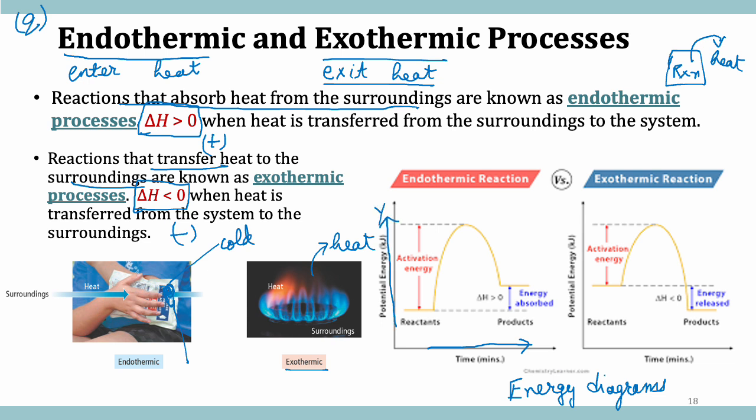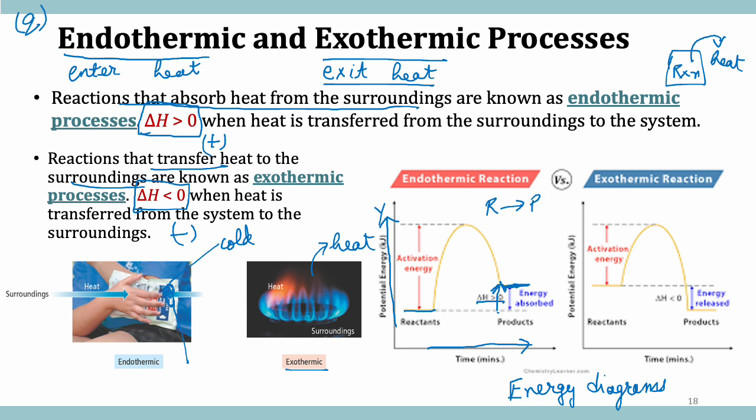If this is the energy of the reactants and this is the energy of the products, reactants have less energy, products have more energy, which means when the reactants convert into products, they have to absorb all this extra energy. Reactants will have to gain energy, only then can they turn into these products. So this is a reaction which is endothermic. Reactants are absorbing energy, so delta H is going to be positive, so it's endothermic.